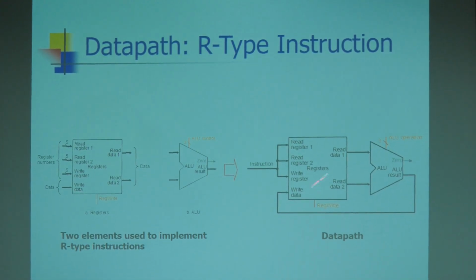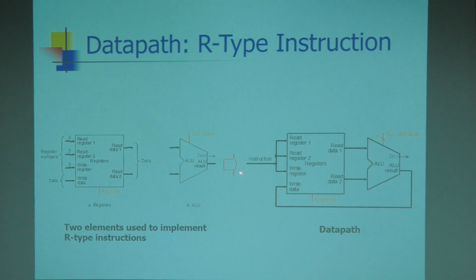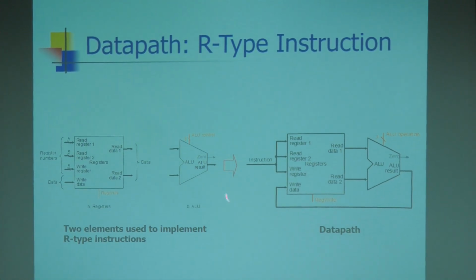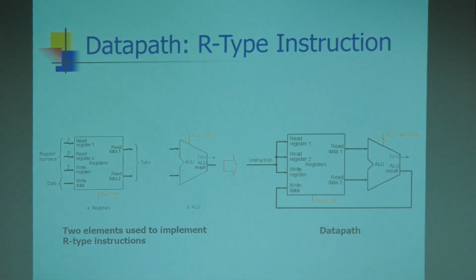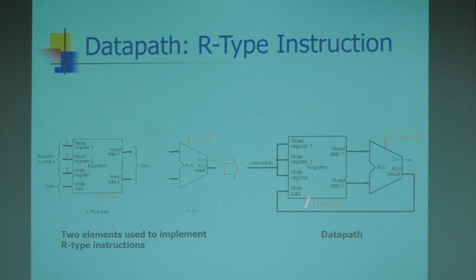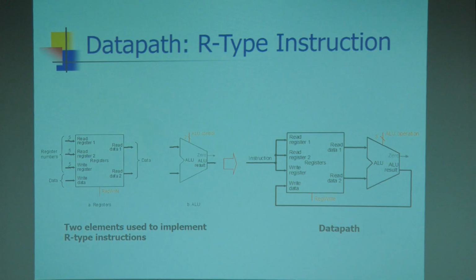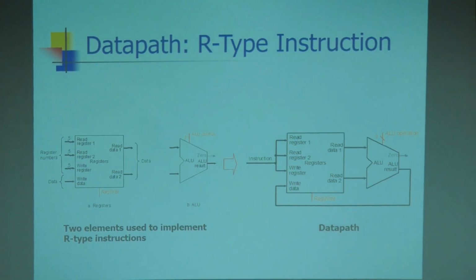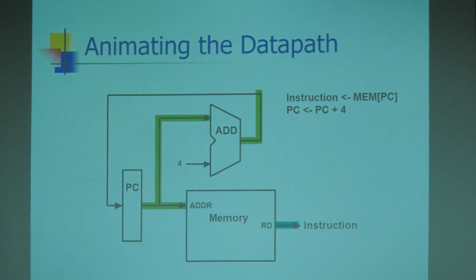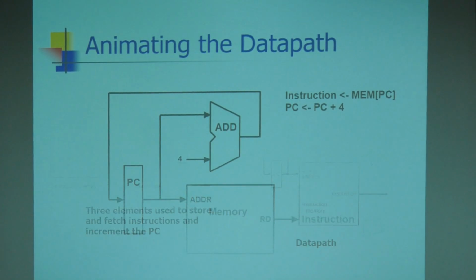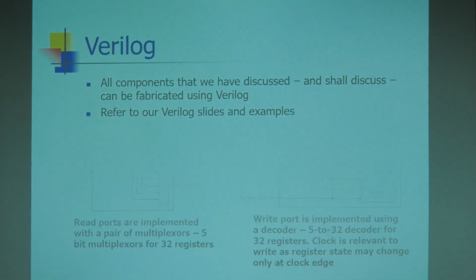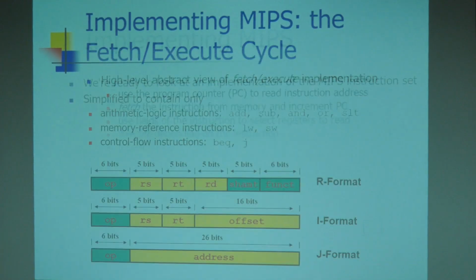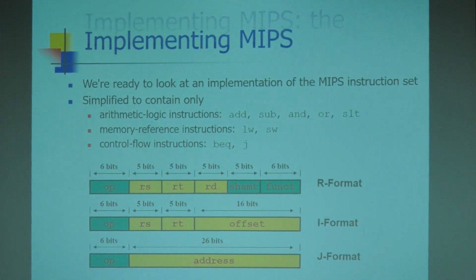But out of that, what is the total number of registers in the register file? 32. Total number of registers in the register file, how many are there? How many registers did we create initially? Register file creation. So here we created a register file.